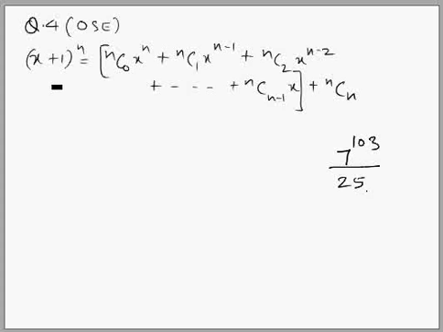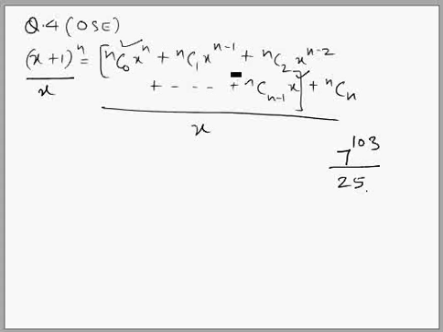If you see the expansion of (x plus 1) to the power n, nC0 x to the power n, nC1 x to the power n minus 1, and so on till the last term. If we divide this by x, then from the first term to the second last term, all the terms have x as a factor, so this part is like the quotient.